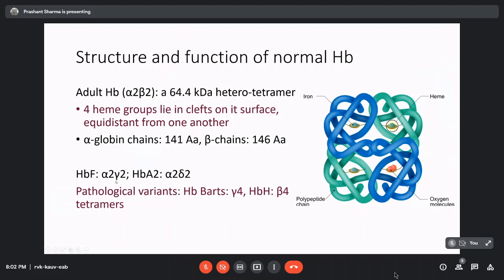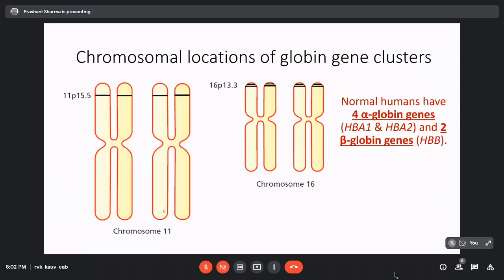So, the gamma chains are encoded by two gamma globin genes, and the delta chain by a delta globin gene. There are some pathological variants, but both of these concern alpha thalassemia, so I think I'll skip these in today's talk. So the chromosomal locations of the beta globin as well as the alpha globin gene clusters are important.